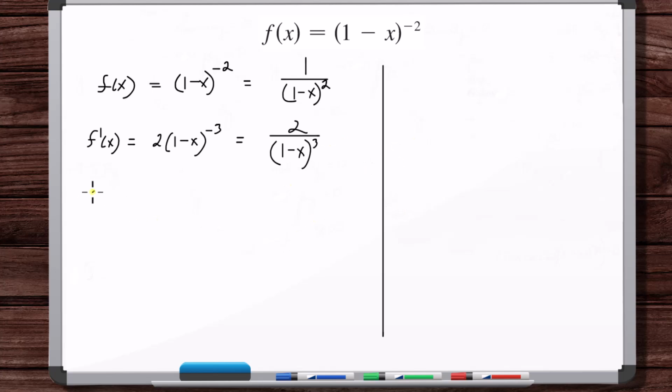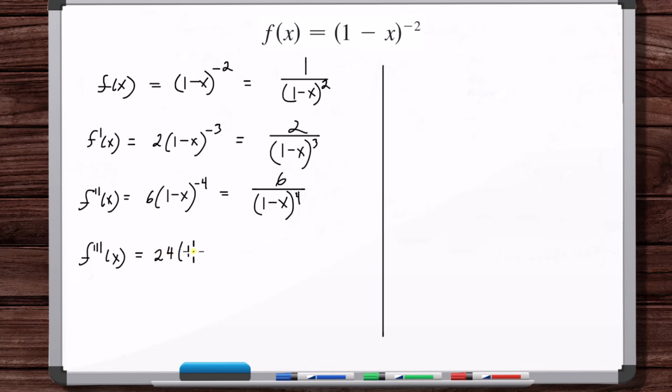Okay, so we bring down the minus 3, it's minus 6, but then we do the chain rule and we get a minus 1 factor again, so 6, and minus 3 minus 1 is minus 4. Okay, let's go f triple prime. So it's 6 times minus 4 is minus 24, but the minus 1 factor comes out from the chain rule.